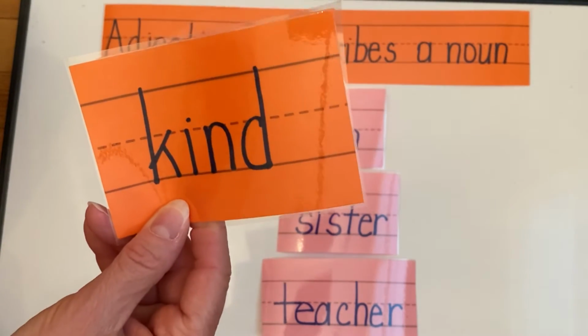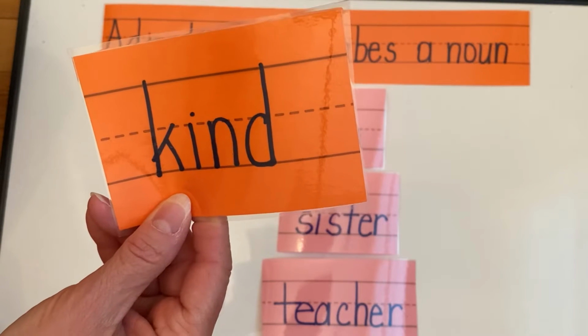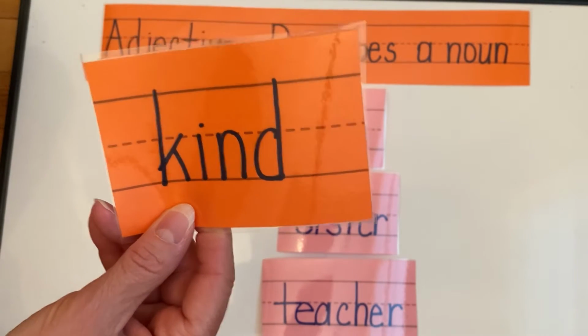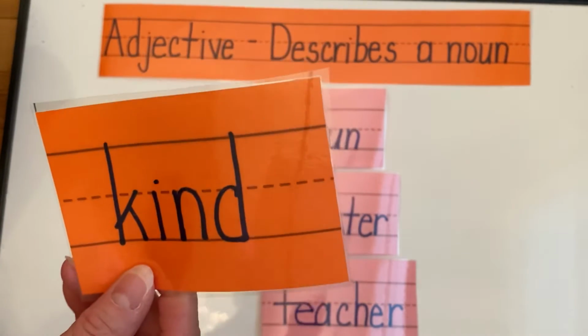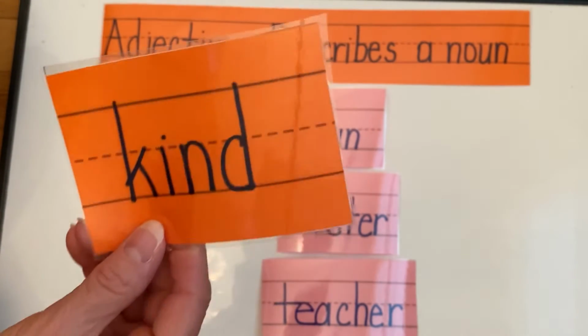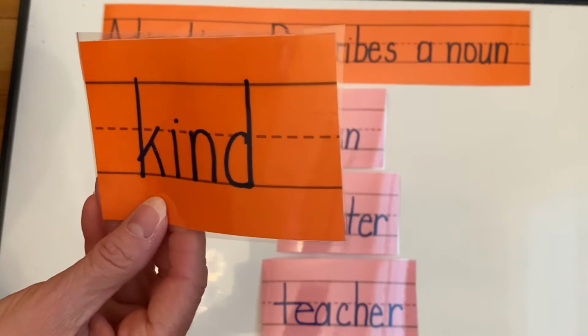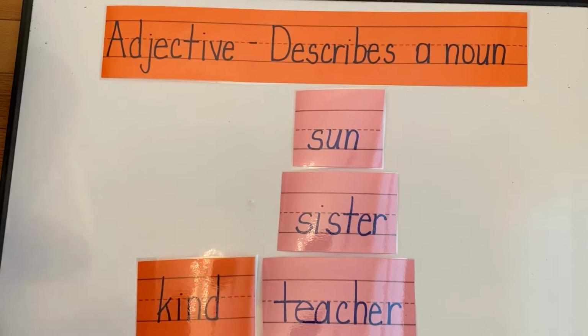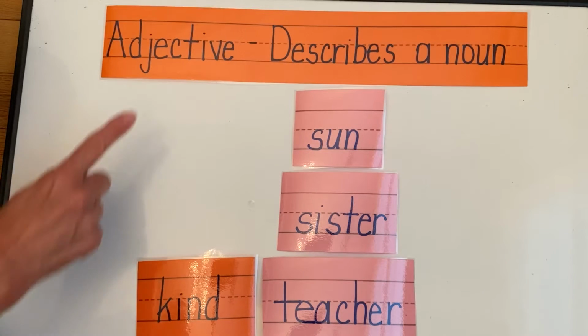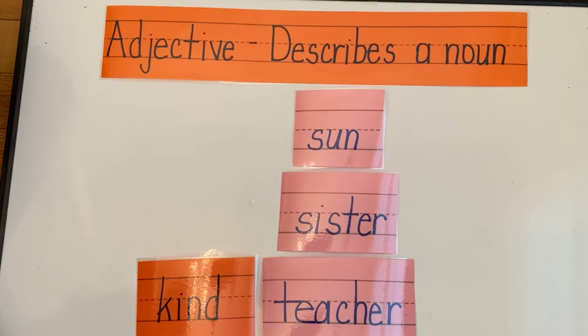So if somebody is kind, they are nice, right? Those mean the same thing. So if we wanted to describe our teacher, you could say a kind teacher. What type of teacher is she? Kind. Kind is your adjective.